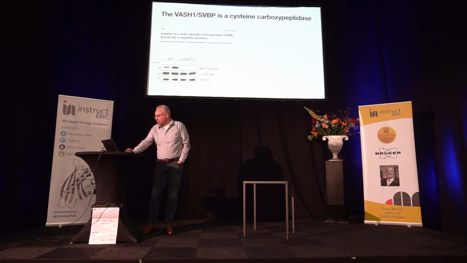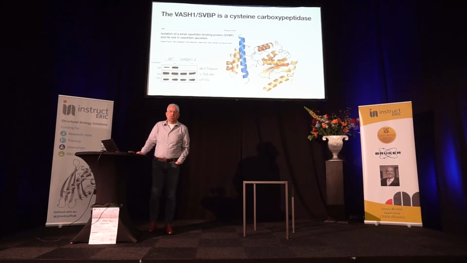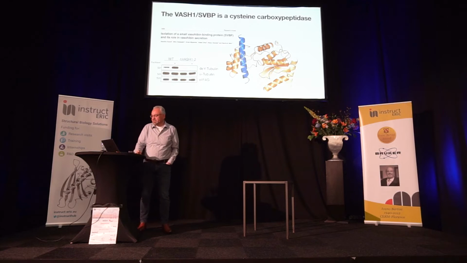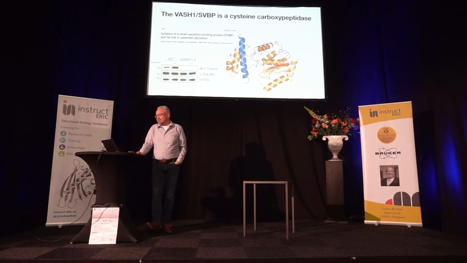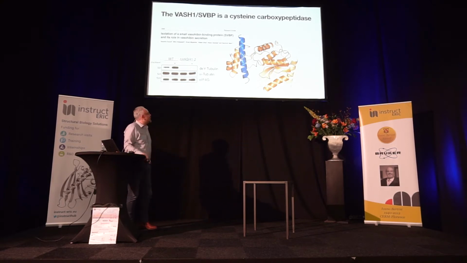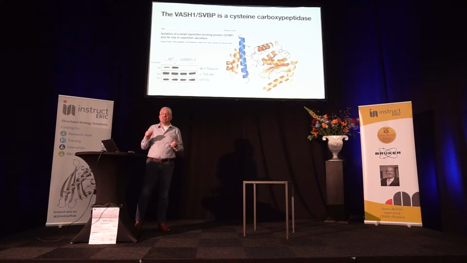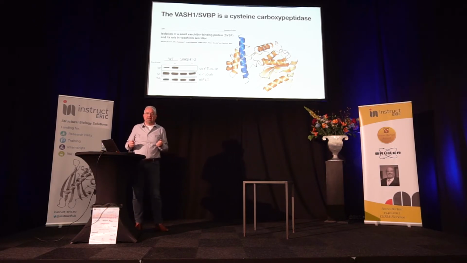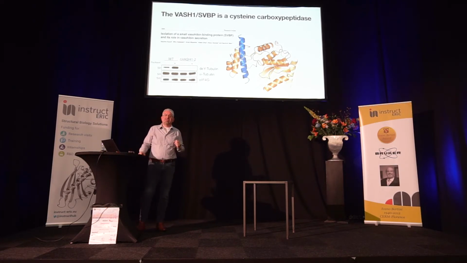So that was, of course, very exciting, and a few years back, we determined the structure of VAS1 bound to this SVBP peptide, which was quite an interesting structure because SVBP, at least the core of SVBP, is sort of inserted between the fold of VAS1, and it makes various specific contacts that are needed to stabilize the VAS1 enzyme.